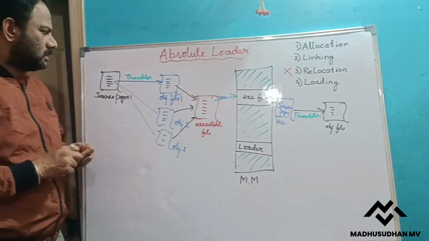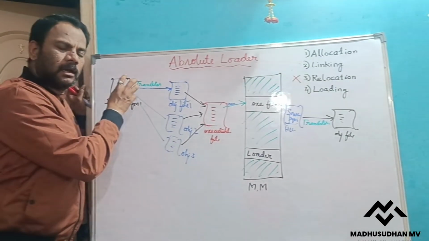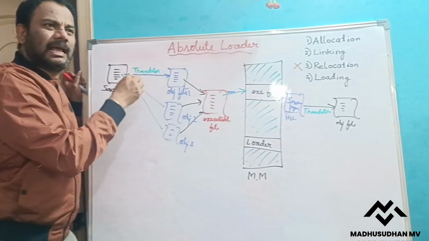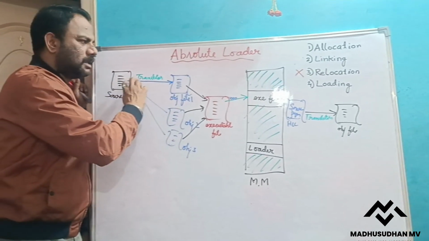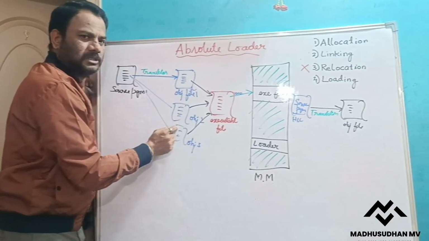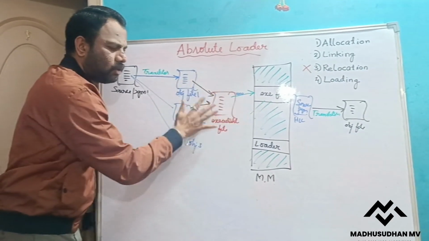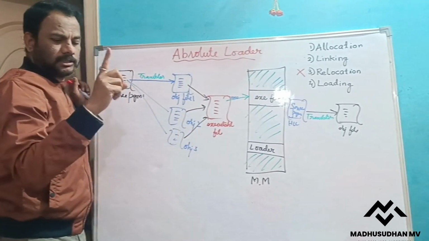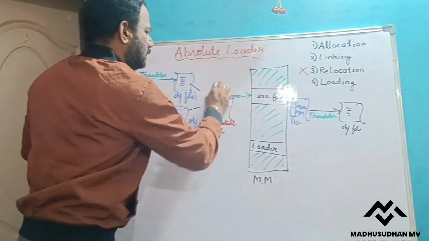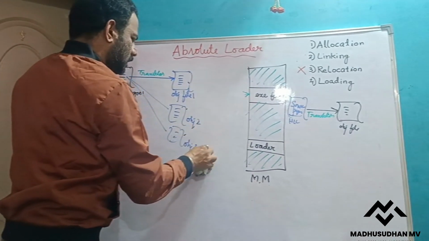Our source program may contain many functions, subroutines, classes, or methods, whatever we call them. All of those will be generated as individual object files, but these object files are not going to be linked into one executable file by the linker. That is the change here.